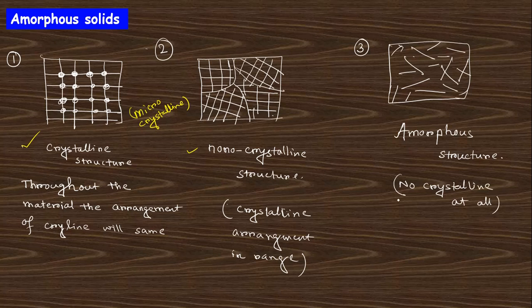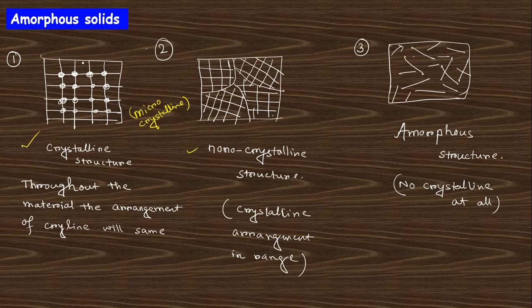This is called an amorphous solid. So there are mainly three types of structure in solids: crystalline, nanocrystalline, and amorphous.